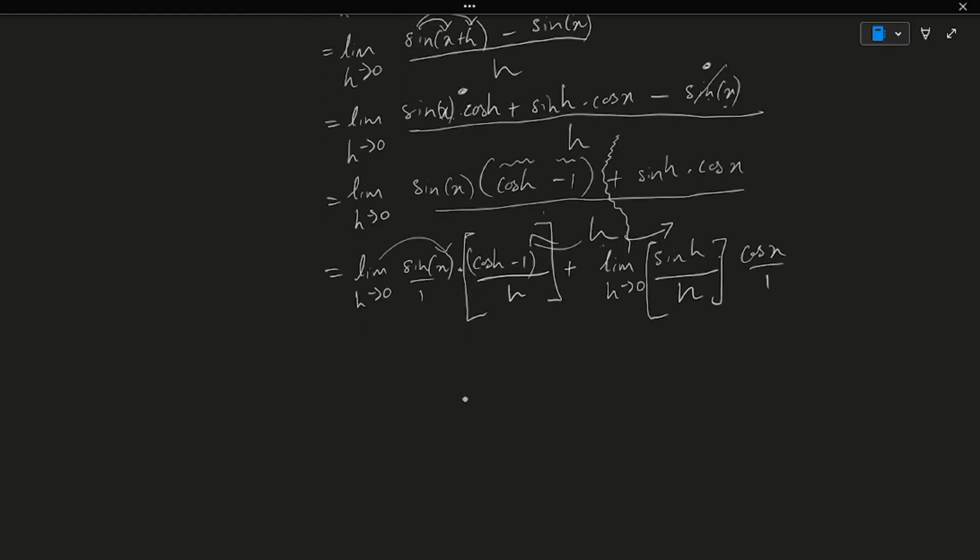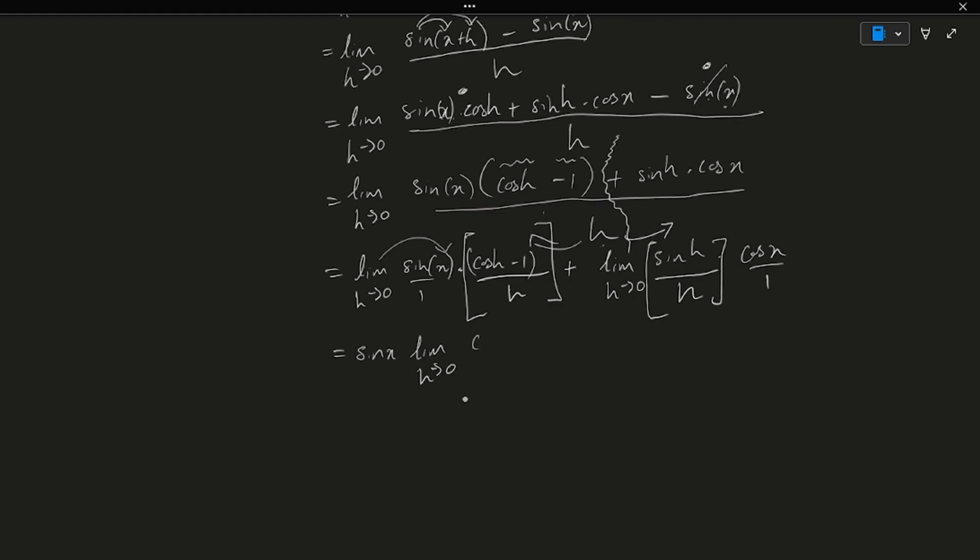So now if you look at sine of x and the limit as h approaches 0, you can see that sine of x is not influenced by this limit because sine of x doesn't have an h at all. So we are allowed to write it like this, right? Because the limit doesn't influence sine of x at all.